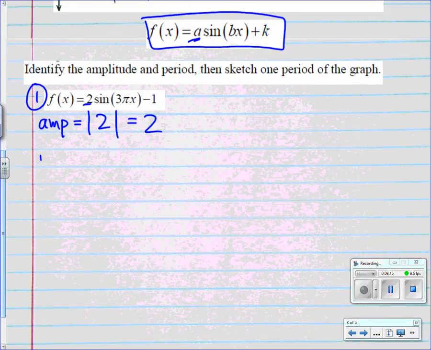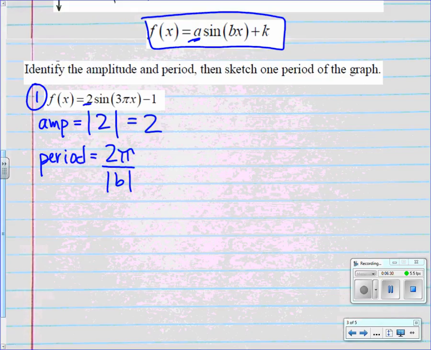And then the period of the function is how long it is before it repeats itself. So the period, and what we wrote on page 45, was 2 pi over the absolute value of b. That's the formula you will always use, okay? And b is always, if you look up here, what's multiplying the x after the sine or cosine. So what is multiplying the x after the sine or cosine? 3 pi.